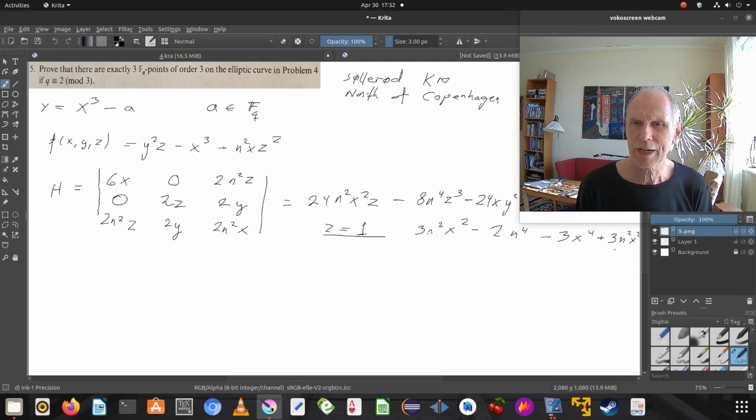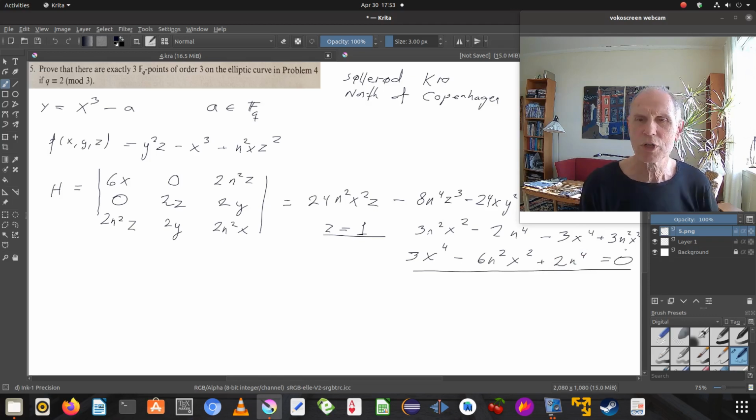And you know I can't do these things very well, so you never change sign. 3x to the fourth minus 6n squared x squared plus 2n to the fourth. So that should be the equation for inflection points. You check that I've got the right equation. I probably haven't, but that's the method.